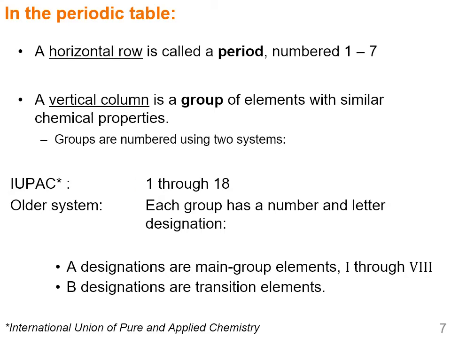In the older system, each group has a number and a letter designation. The letter A designated elements are the main group elements that are numbered 1 through 8, often in Roman numerals. The letter B designation is given to transition elements or transition metals.